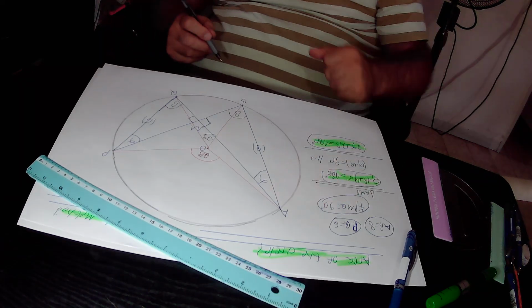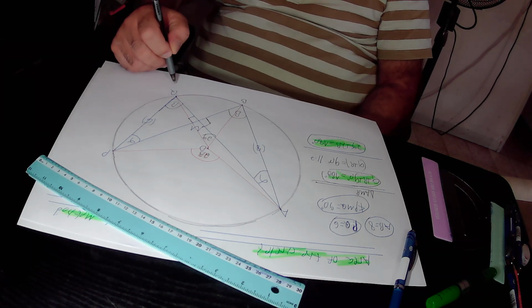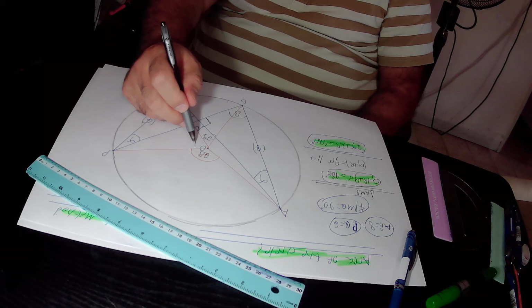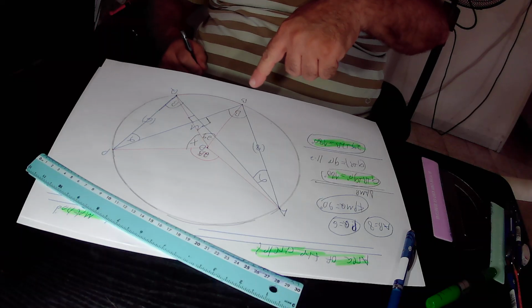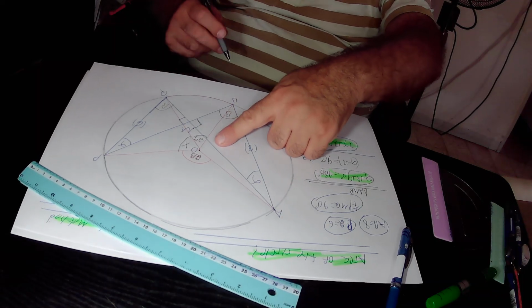In the next step, we will define the size of this angle QOP as x, and we define the size of this third angle BOA as y.